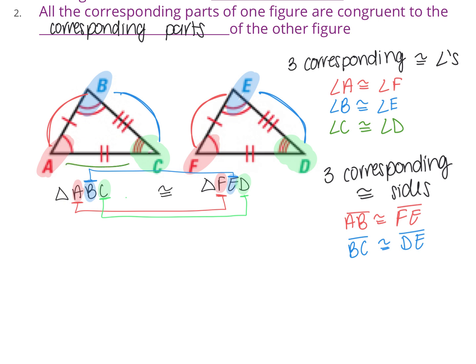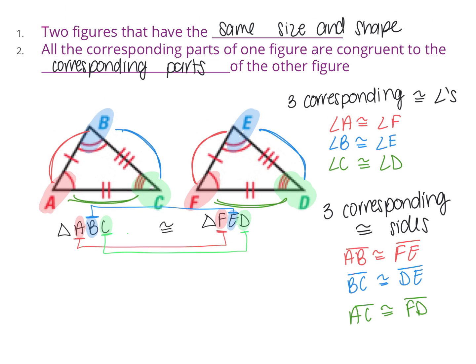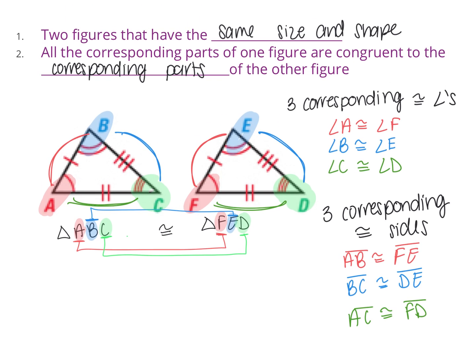And my last one, I have AC and FD. So that's showing you what's congruent to what. I have 3 congruent sides and 3 congruent angles. That makes my triangles congruent: same size and same shape.